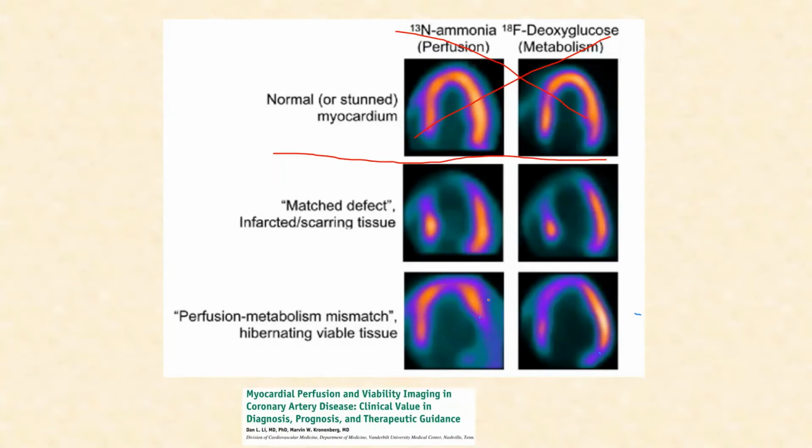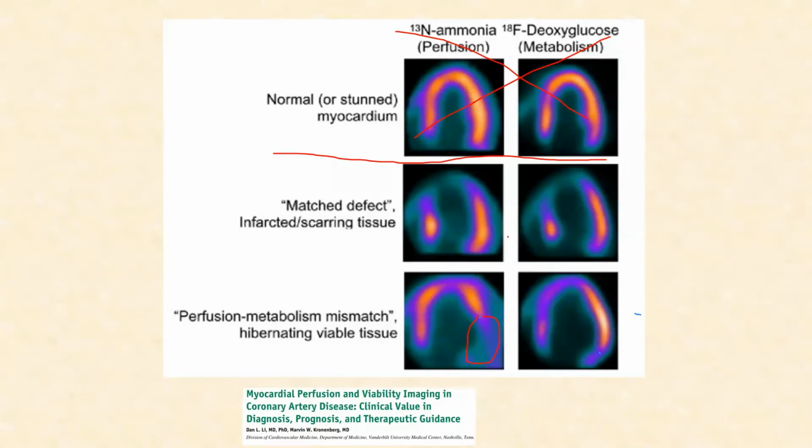But if you see here, we have the lateral wall with no perfusion. You see here? Now it is metabolically active. So though there is no perfusion, it is metabolically active. And that means we have viable tissue. Okay? So this is how PET scan decides about viability of the myocardium.